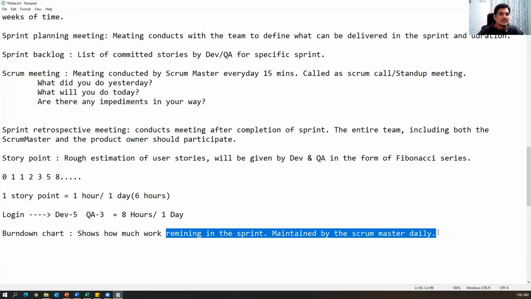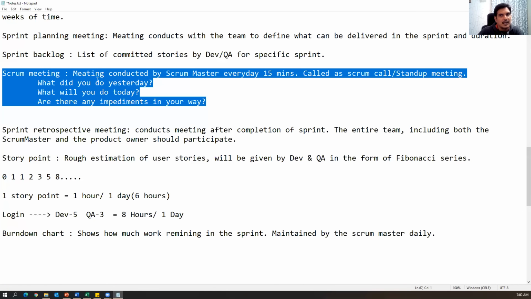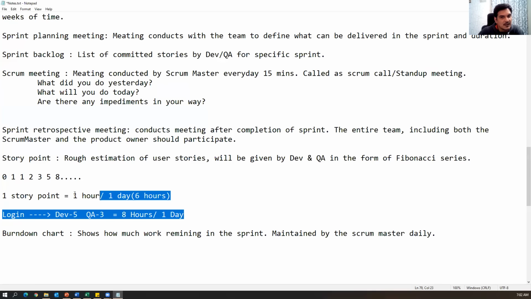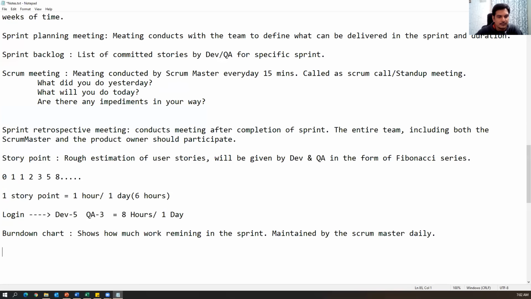So after taking the status from the team in the everyday Scrum meeting, he'll take the status from everybody, right? And at the same time, he will also calculate the story points: how much estimation the dev and QA have given, and how much time they are exactly spending. Suppose I said one story will be completed in, let's say, 3 days, almost 18 hours.